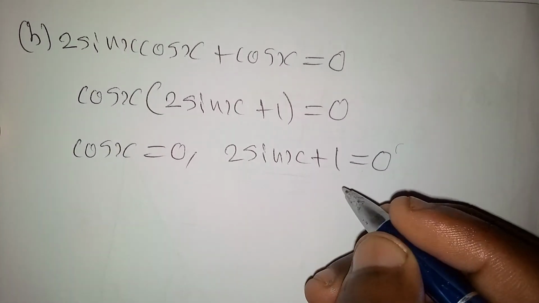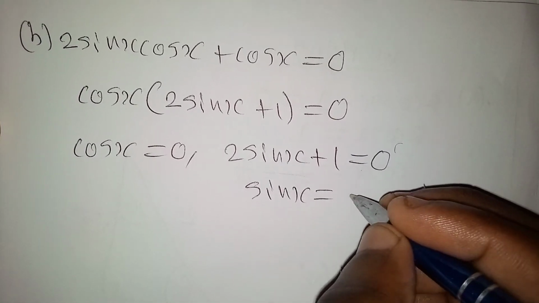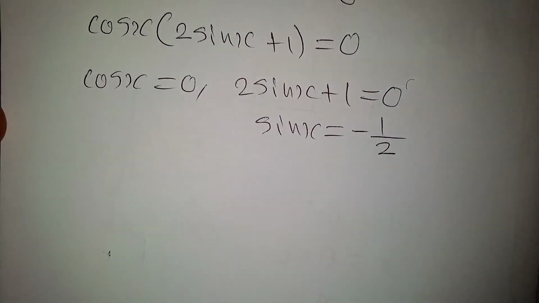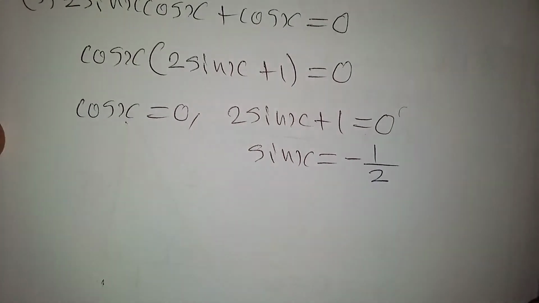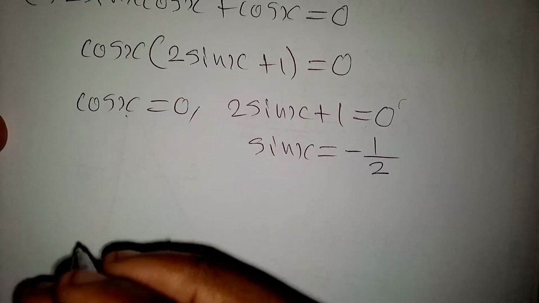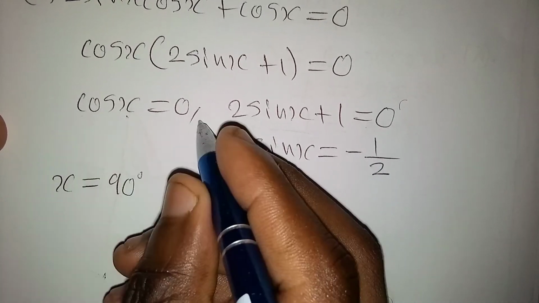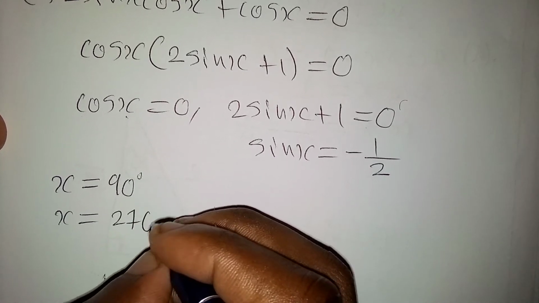Then we can make sine x the subject, so sine x is equal to minus 1 over 2. Cos is 0 at 90 degrees, and it can also be represented as 270 degrees. So we have x equal to 90 degrees or 270 degrees.